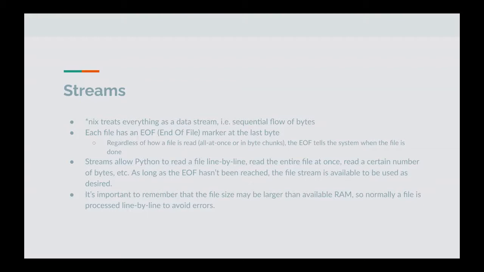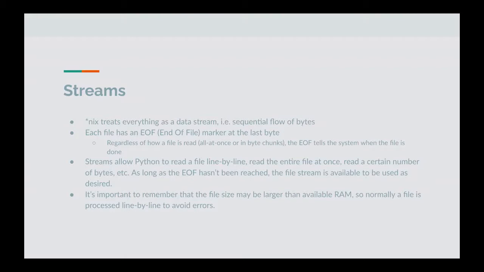Each file has an end of file marker at that last byte, and that's basically what tells Python when to stop processing it. So when you open a file, you basically open the floodgates and allow this stream of data to flow through for processing until that end of file marker is hit, and then it says, all right, you're done, nothing more to process.